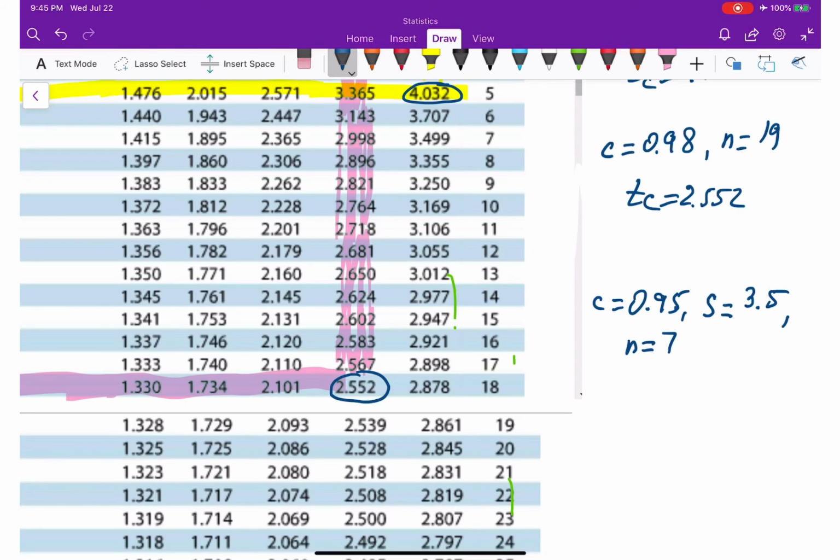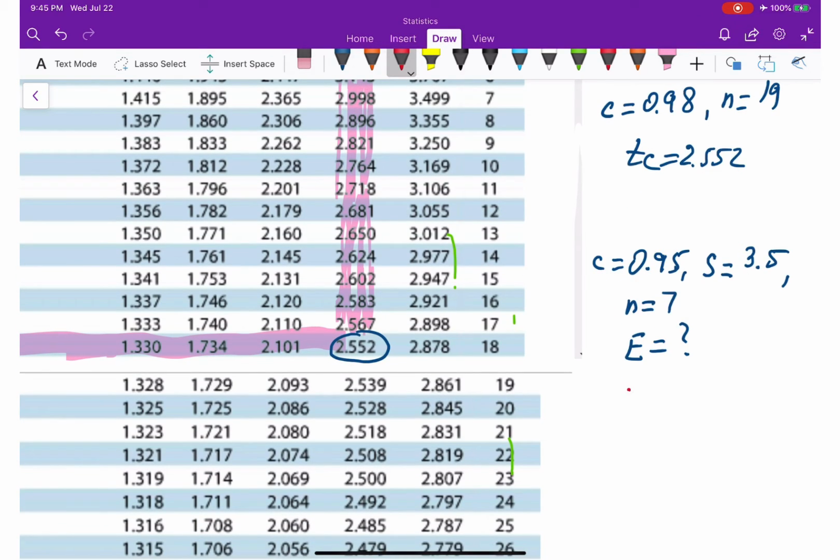So here we are asked to find margin of error. The formula for margin of error is similar to z-score margin of error, with the difference that instead of z-score we are going to use t-score, and instead of sigma, which is standard deviation of population, we are going to use standard deviation of the sample over square root of n.